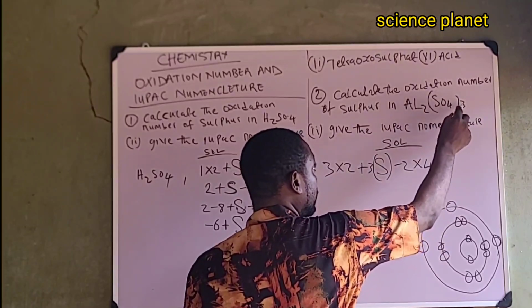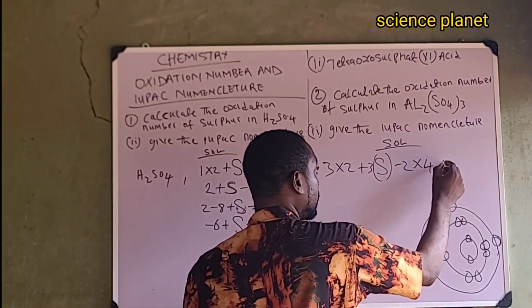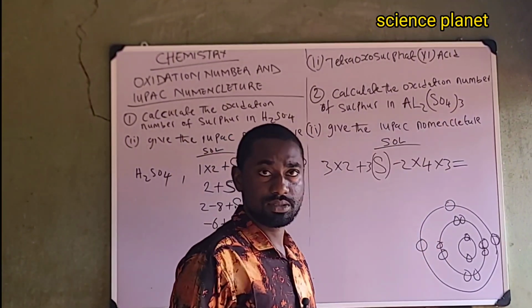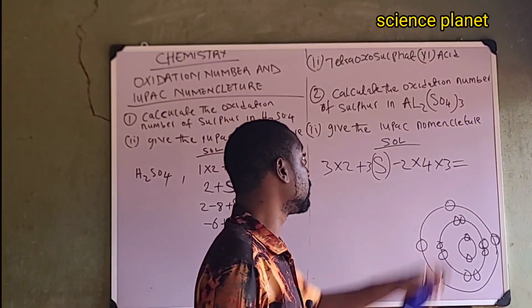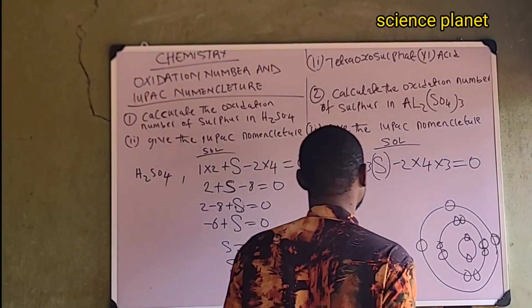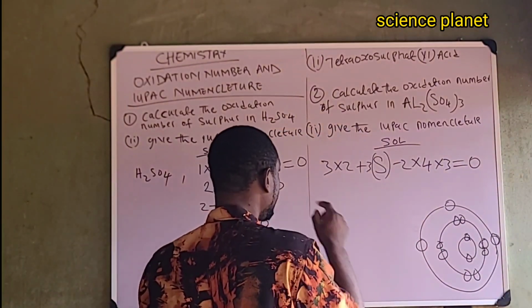Remember what we did in the last example. So minus 2 times 4, because 4 is in front of oxygen. So minus 2 times 4 times 3. Remember 3 multiplies everything in the bracket. Yeah. So it's a neutral atom. So what do we do?